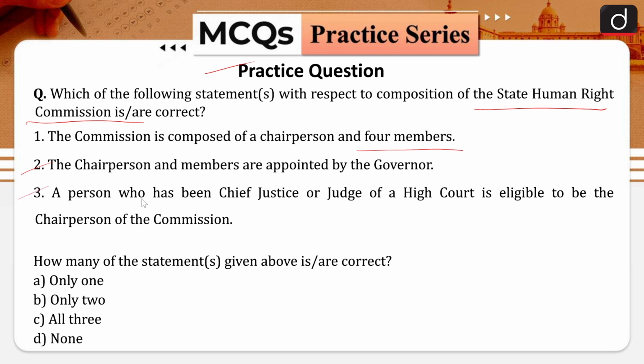Statement number 3, a person who has been the Chief Justice or Judge of a High Court is eligible to be the chairperson of the commission. So, how many of the statements given above are correct? Option A, only 1. Option B, only 2. Option C is all 3, and option D is none of the above. And this answer will be given by you to me in the comment box below.